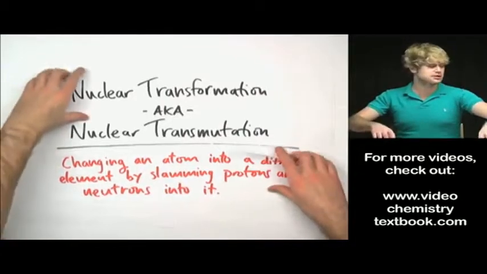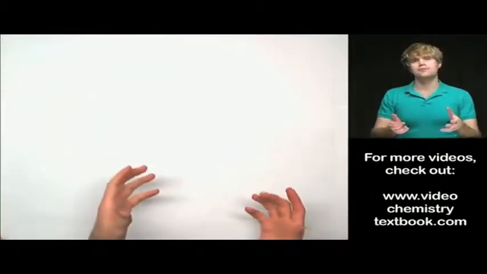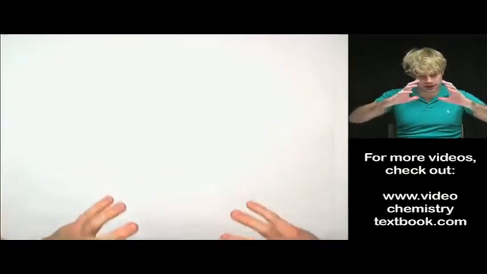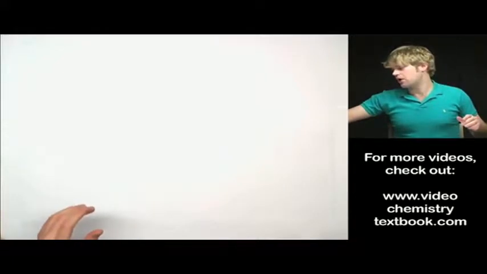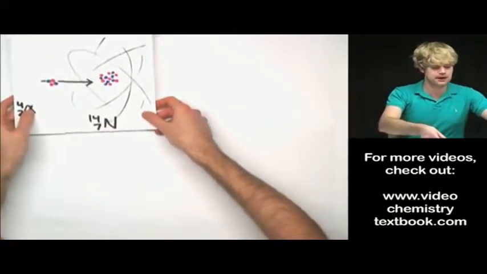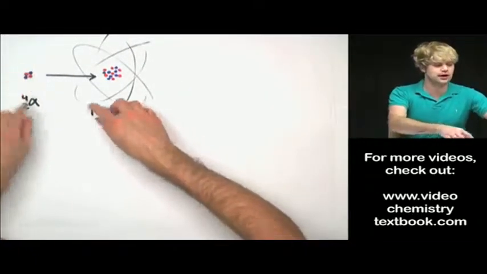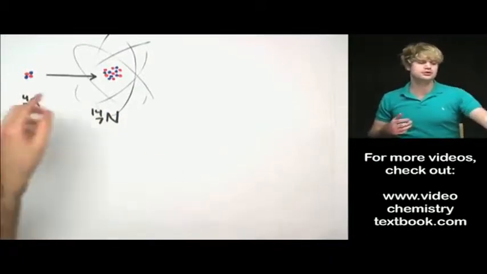So let's get started and look at a diagram of what nuclear transmutation would look like if we could zoom in to an atom and be able to see all the protons and neutrons that make it up as well as the electrons. So, okay, here is an atom of nitrogen-14. And over here I have an alpha particle, which is made of 2 protons and 2 neutrons.